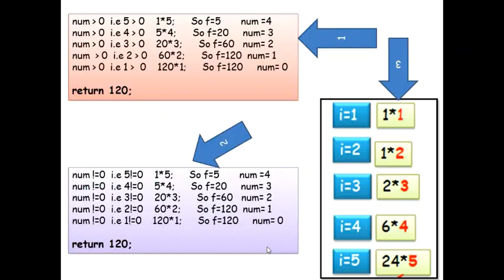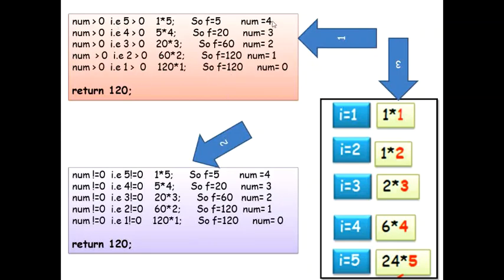So this was way 1 which we saw, this is way 2, and this is way 3. In all these examples, you see that 120, 120 and 120 also gets computed in a stepwise fashion.